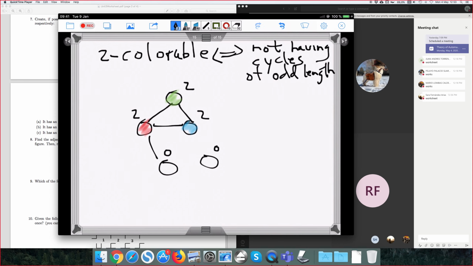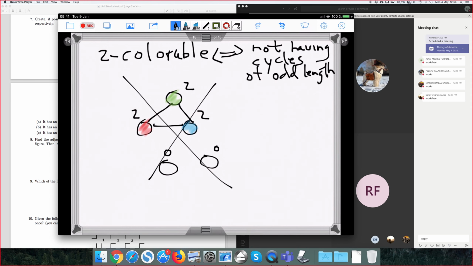And if I try to do something like this, then I will have a vertex with degree 3 and a vertex with degree 1. Again, it is impossible to have an Eulerian cycle. I can have an Eulerian path, but not an Eulerian cycle. An Eulerian path can be found with exactly 2 vertices of odd degree. But in that case, there is no Eulerian cycle. Okay, so in this case, this is impossible.